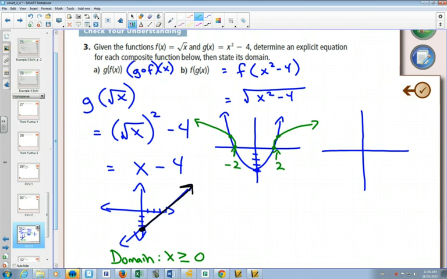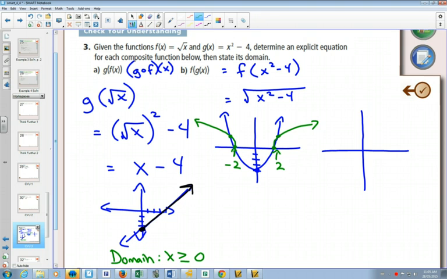So this is looking at it graphically, and from the graph we could say that our domain is x is less than or equal to negative 2, and x is greater than or equal to 2. Yes? If you would factor inside of here, you could get x squared, x minus 2, and x plus 2. And that would help us also figure out the domain.